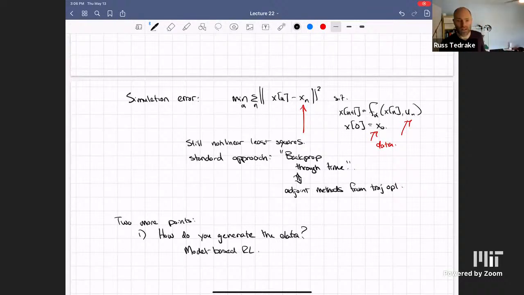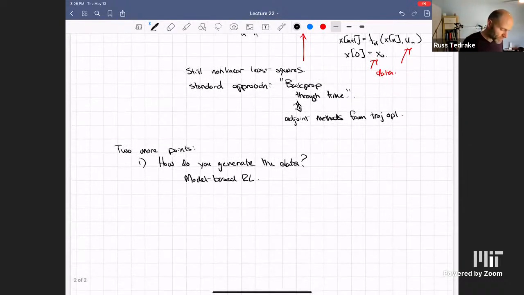Okay, so that's one really important difference about how you generate the data. When I was coding it up this morning, I was thinking about cart-pole, and what's the best simple example way to generate the data? There's really not one right answer.